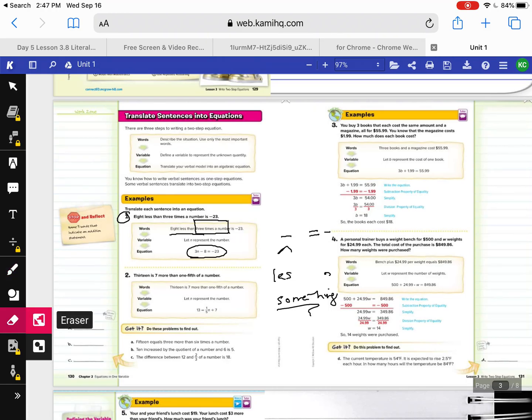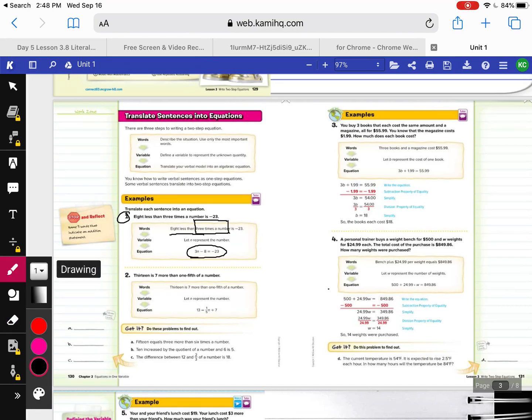I'm going to go ahead and erase that so I can have some space to define what we're reading about. In this next one, 13 is 7 more than 1/5 of a number. The first thing we're going to want to do is read that sentence and then read it again and begin to look for words that are going to help you to build that equation.